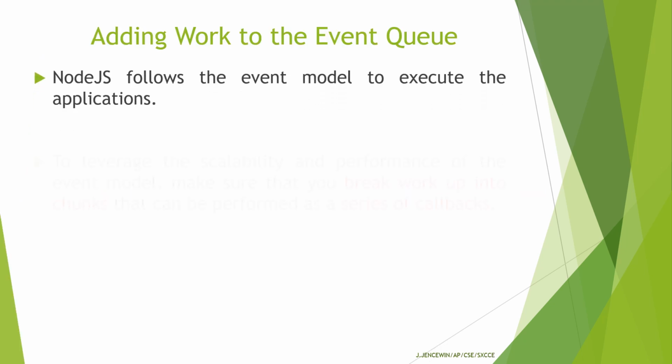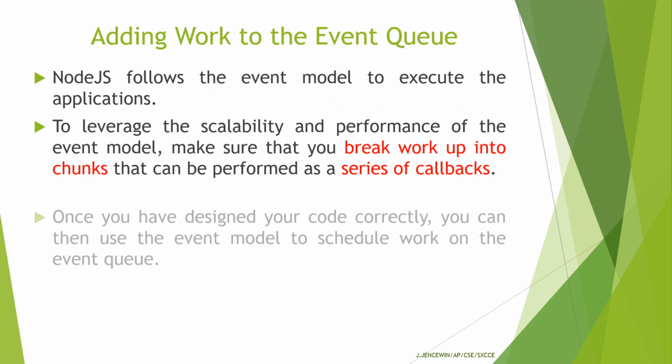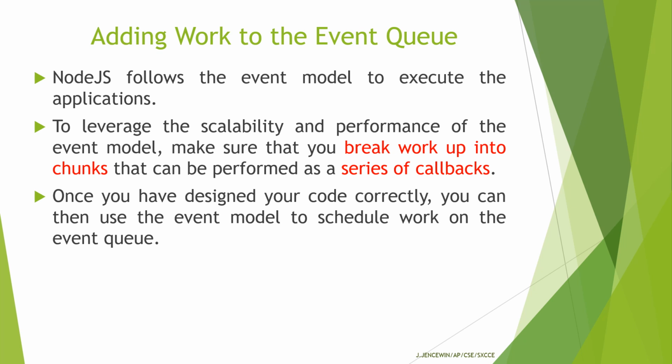For adding work to the Node.js event queue, the original work is broken into different chunks or subtasks that are added as a series of callbacks. If we implement our code properly, then the Node.js event module properly schedules these tasks using the event queue, which consists of only a single thread.